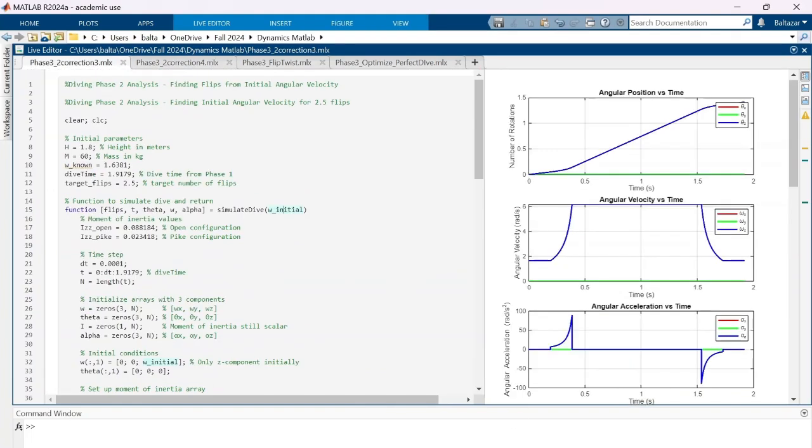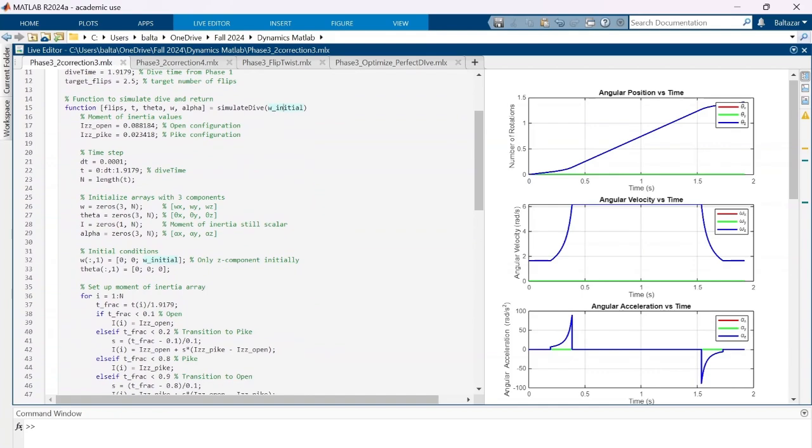In phase 2, our first task is to find the number of flips from the initial angular velocity from phase 1, and our second task is to find the initial angular velocity to achieve 2.5 flips. So the main purpose of this code is to create a function to simulate the dive motion based on an initial angular velocity.